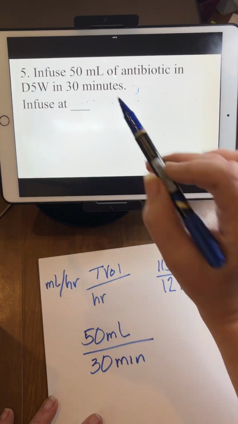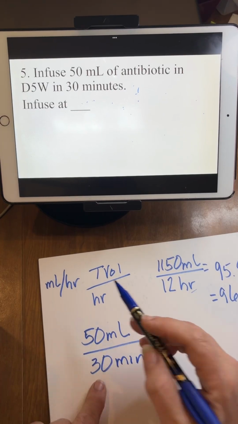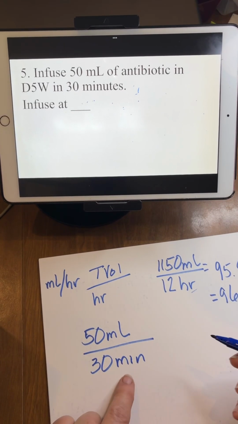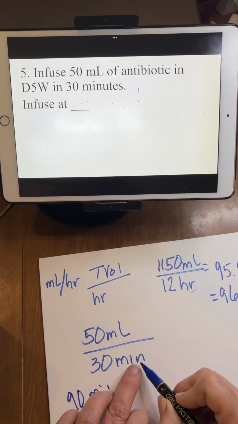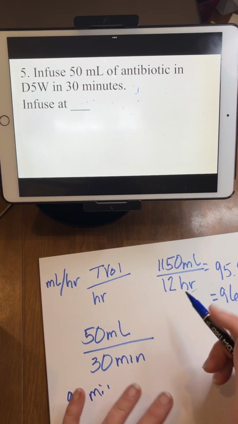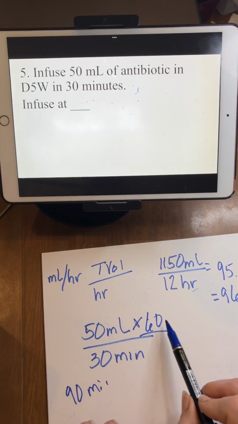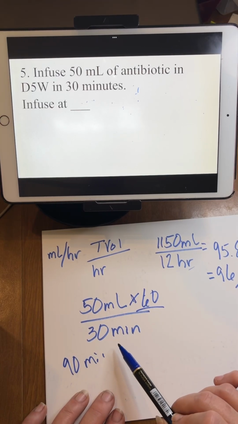If in a milliliter per hour problem the infusion time is in minutes, whether it's less than 60 or if it's 90 minutes, and you're going to write the word minutes, all you got to do is just throw 60 up on the top. That is telling the problem we're dealing with a 60-minute hour, not a 30-minute hour.